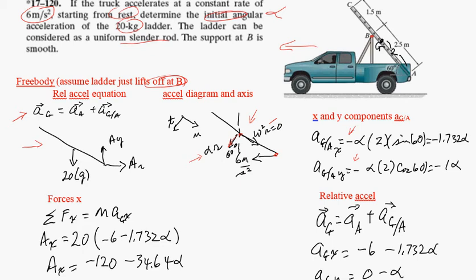Now this has to be the perpendicular distance from here to here. So in the x direction, it's going to have to be the x component times the perpendicular distance, which would be this.